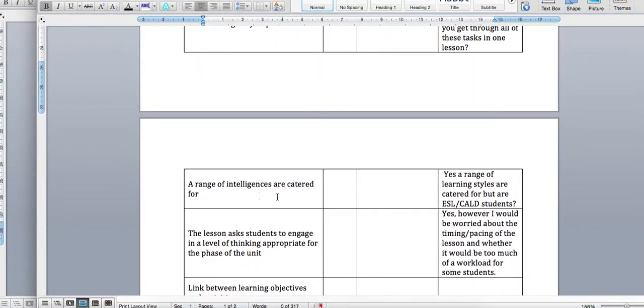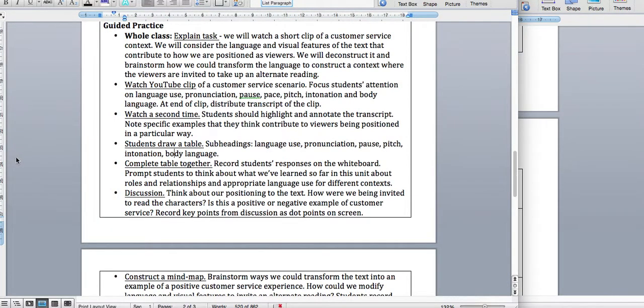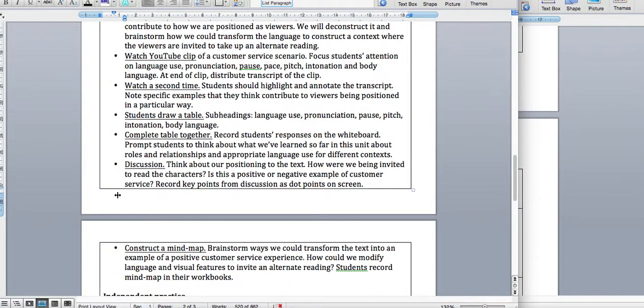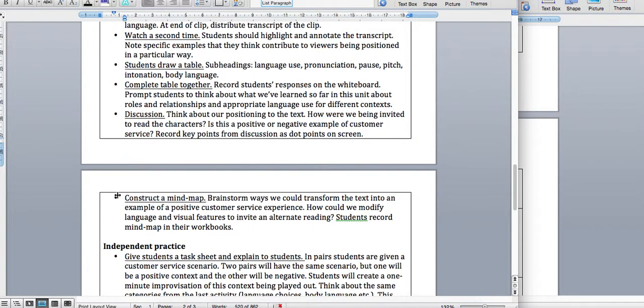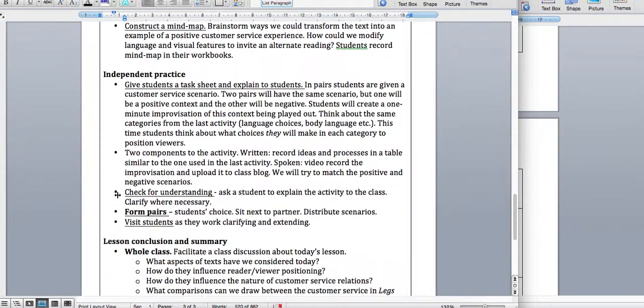A range of intelligences are catered for. Lesson 2, yes, a range of learning styles are catered for, but our ESL students, so our students with different needs catered for. We might need to think about what else we could do for students, particularly if they have difficulty with spoken language.